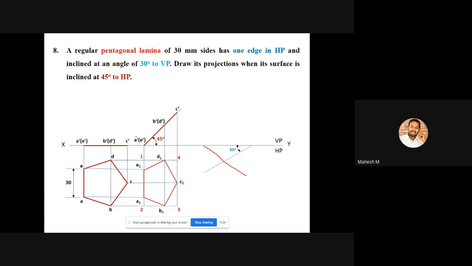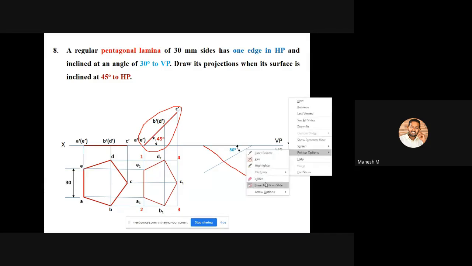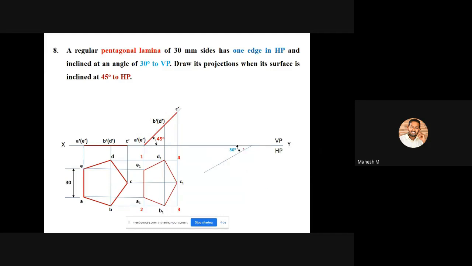But while creating this diagram, compulsorily it should go left to right. It should not be right to left. Okay, clear? So after creating this inclined line with an angle of 30 degree, either you can choose this line, that is, you can consider this line, or else you can assume this line.